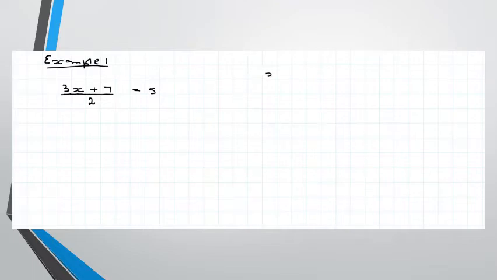A term is something like this. If I have x + 2 = 5, then I must know a term gets separated by either a plus or a minus. So I have one term there, and obviously a term on the right hand side.